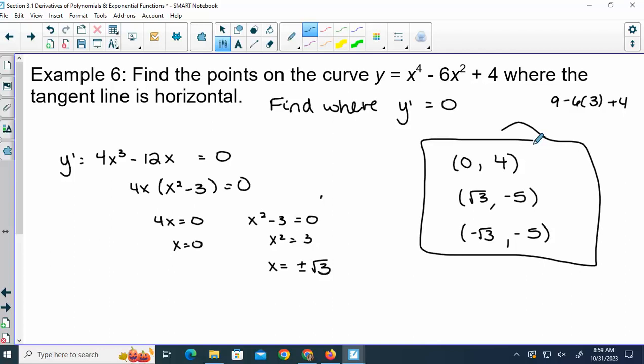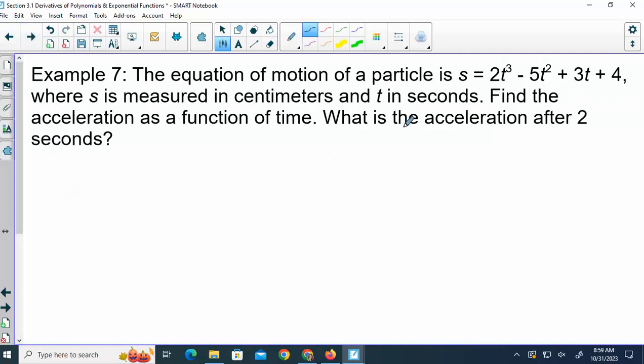Let's look at the next one. So this is the equation of motion. That's our position. Find acceleration. Okay, we have to think. If you have position, how do we get acceleration? Right.